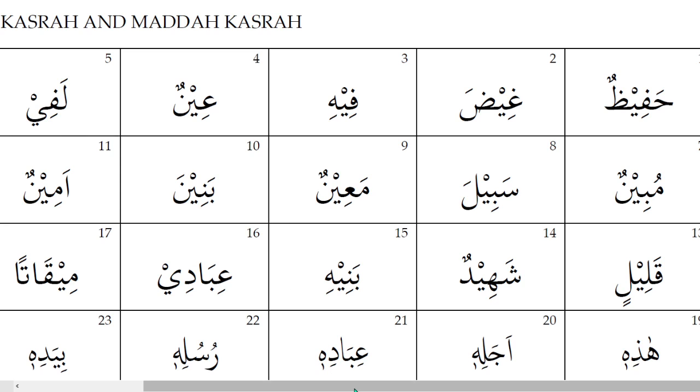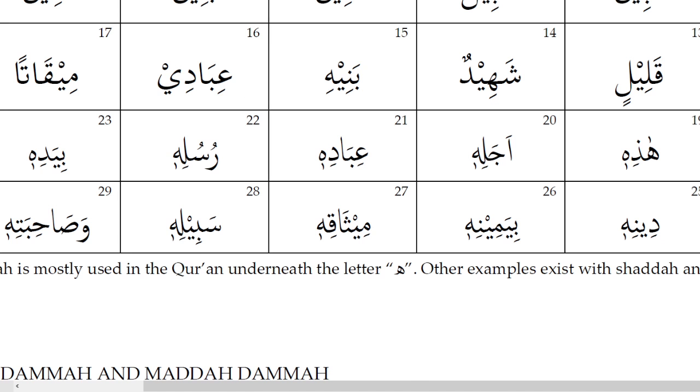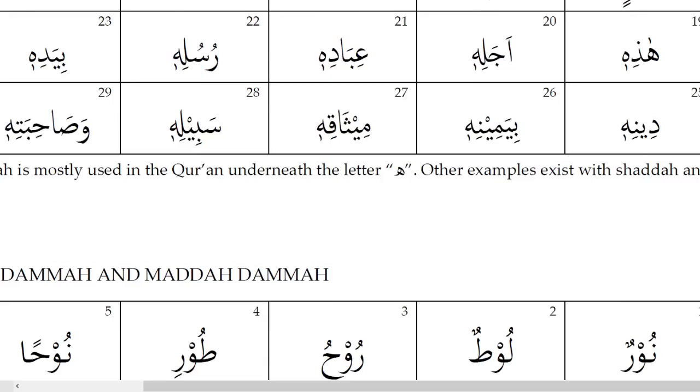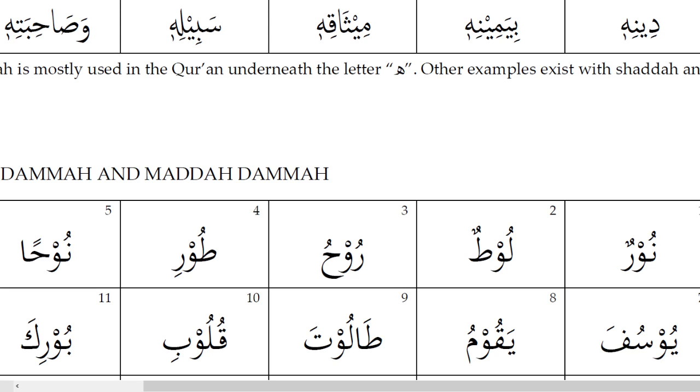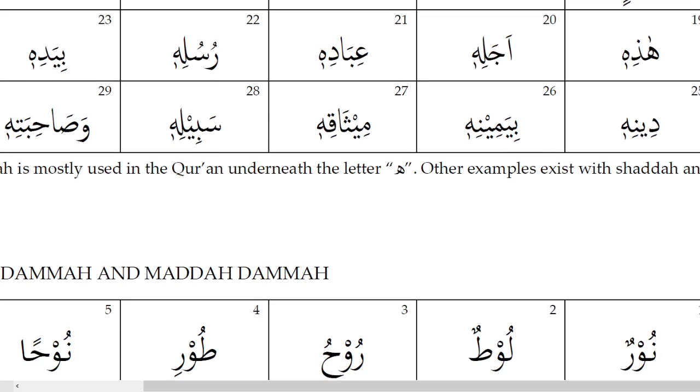All right. And then again, with our revision, let's look at number 19. Introducing the madda kasra. And as I mentioned last time, the madda kasra very commonly comes along with the ha letter.